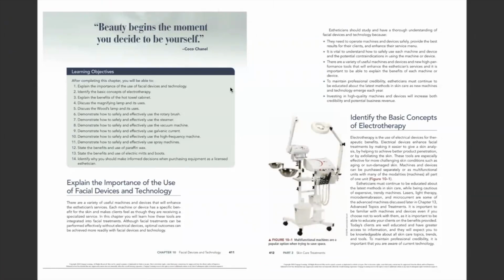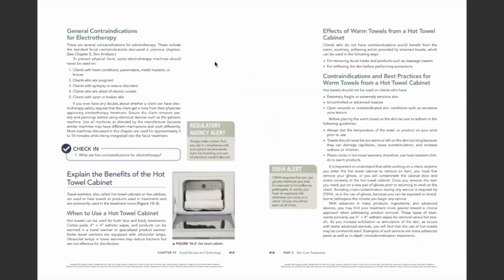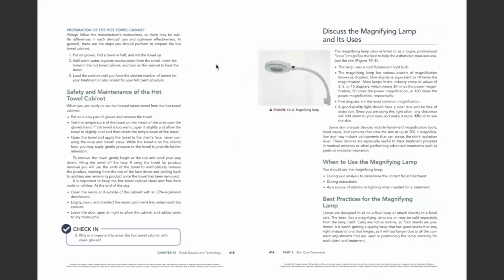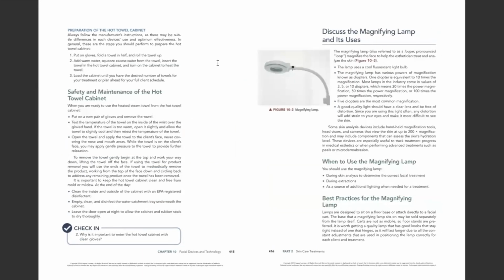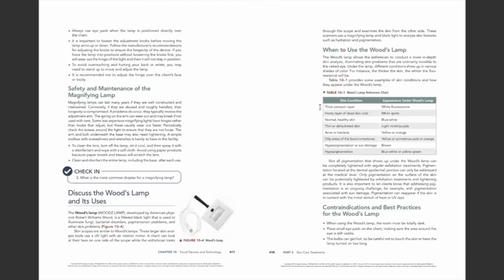Going to want to be familiar with the concept of electrotherapy and the definition, the hot towel cabbie and the definition, and the contraindications, the magnifying lamp definition, contraindications, Woods lamp. Remember it said, what are the skin conditions revealed by the Woods lamp? There you go.